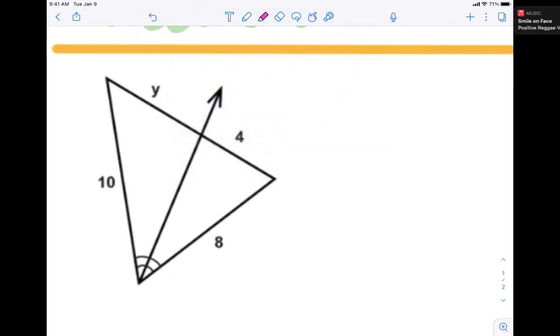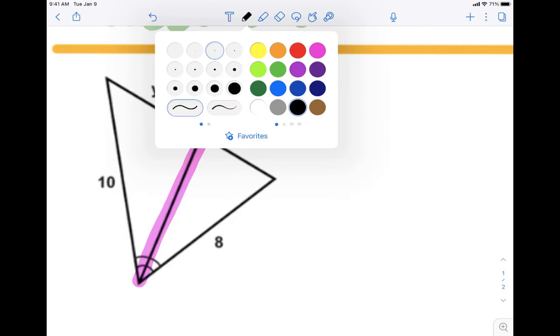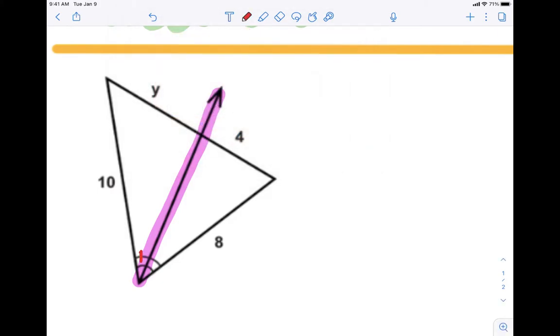Let us identify the angle bisector. This line right here split this angle into two, right? So it created this angle and that angle right there. But what it also did is it created a relationship between that segment and this segment with the other two sides of the triangle, right?